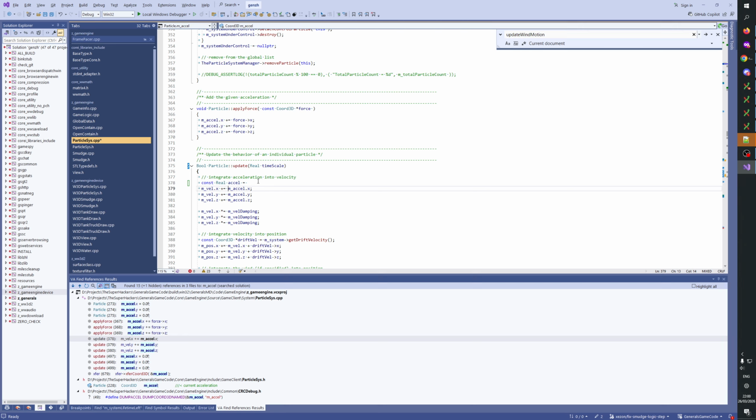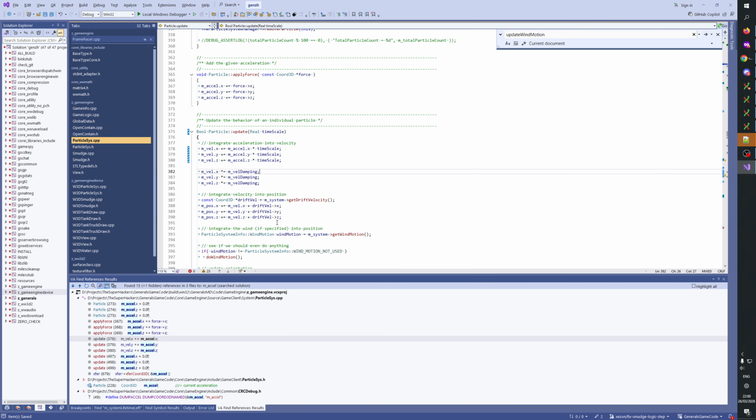Time scale. Well damping times equals well damping.